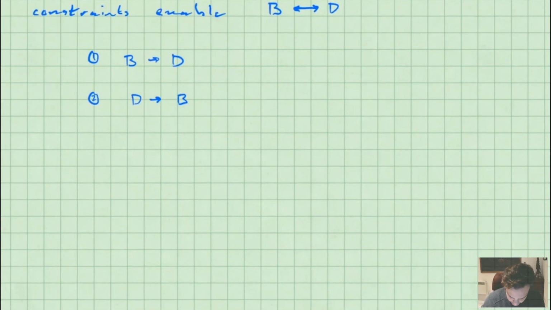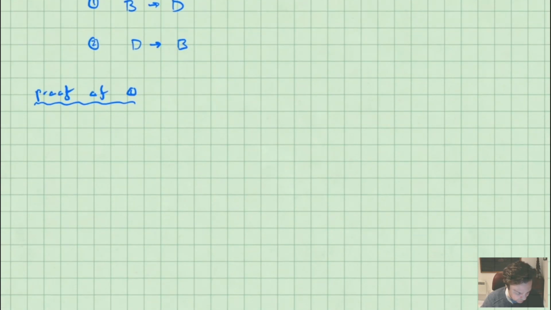Okay, but first let's do proof of 1, which is pretty easy. I just want some scheme for going from B to D, and I don't even need to use any constraints for this. So the distance matrix, Dij squared, is supposed to be the Euclidean distance between observation i and j.